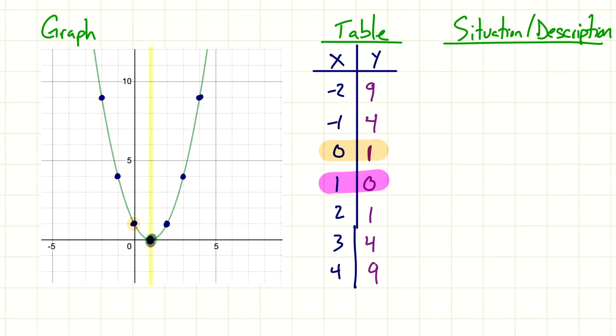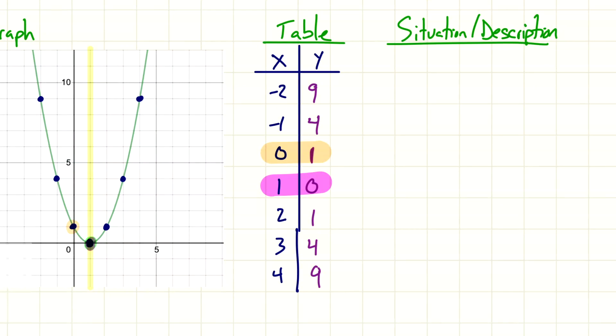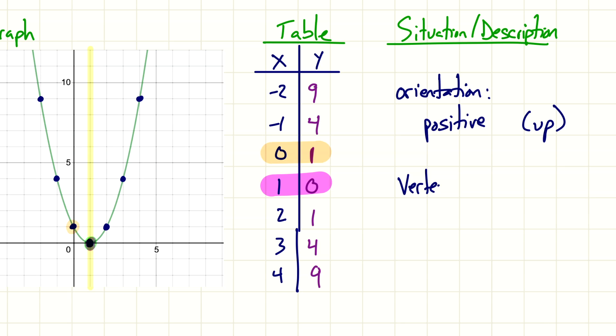Describing this graph, we'll go through the same things as before. What's the orientation? Is this going to be positive or negative? Well, this one's also positive, which means it's facing up. Do we have a vertex? This is going to be at 1, 0.